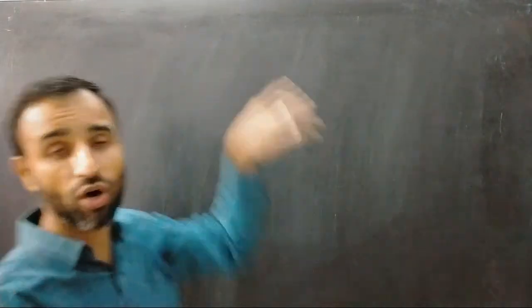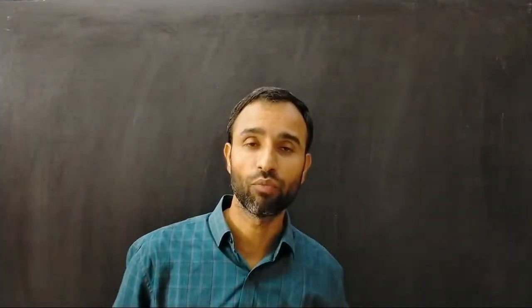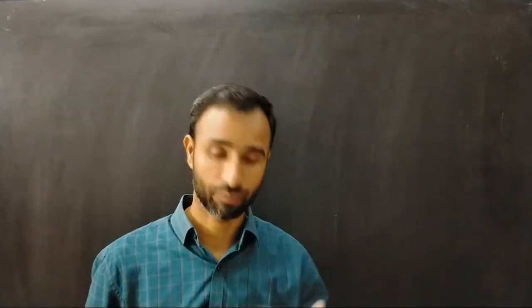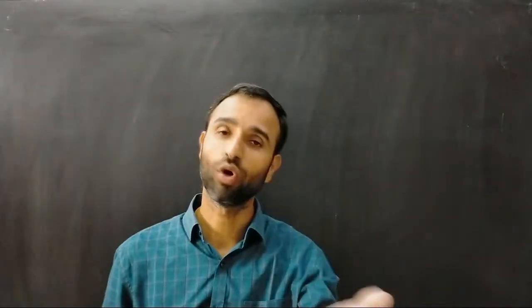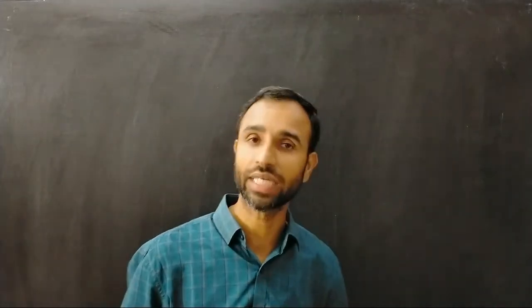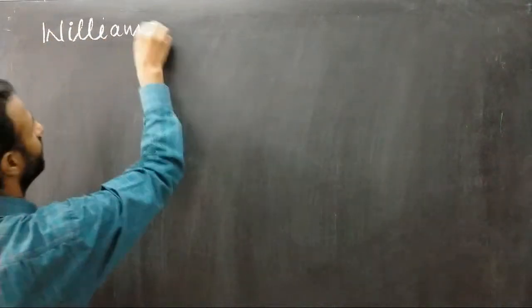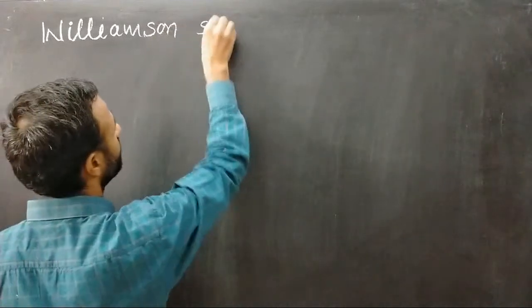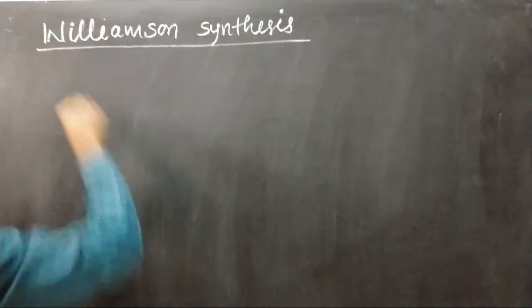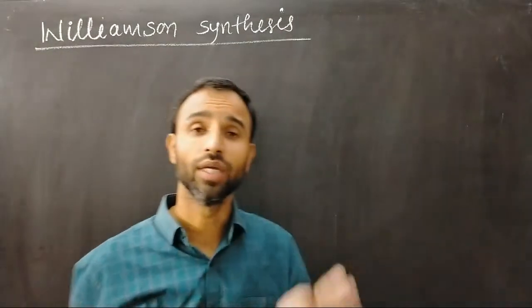Now, to get rid of that, since we cannot prepare unsymmetrical ethers by using simple ethyl alcohol in the presence of concentrated H2SO4 at 413 Kelvin, it is Williamson synthesis which can be used to prepare unsymmetrical or symmetrical ethers in good yield.